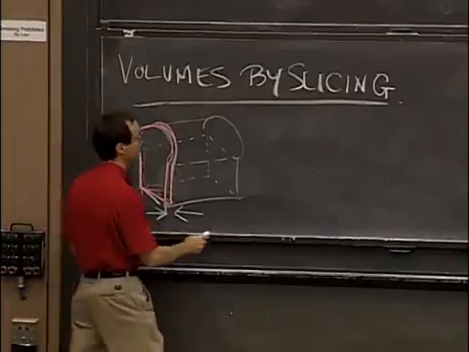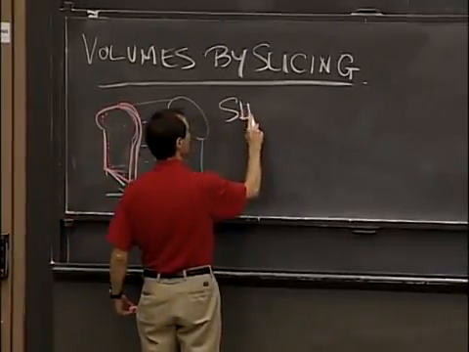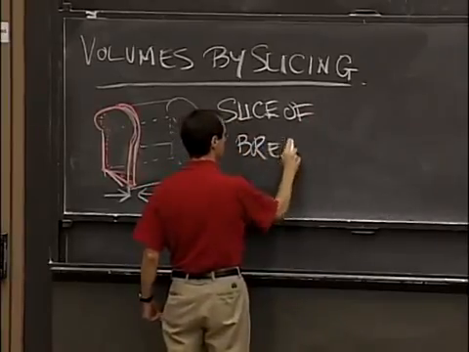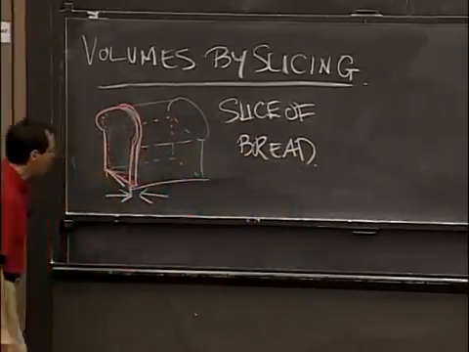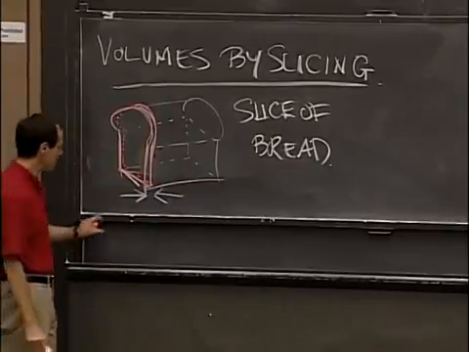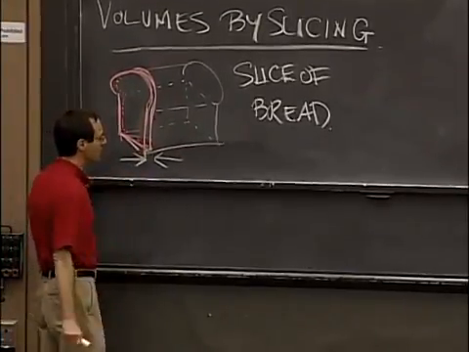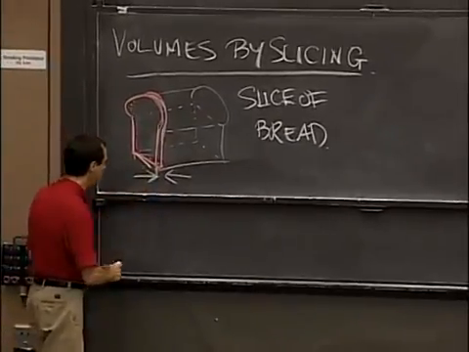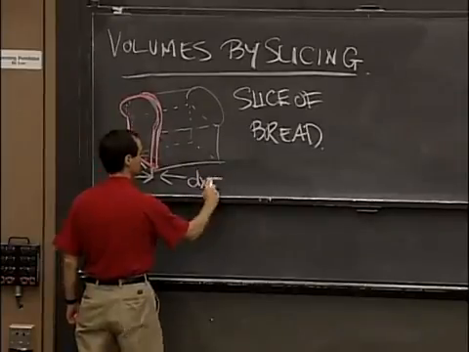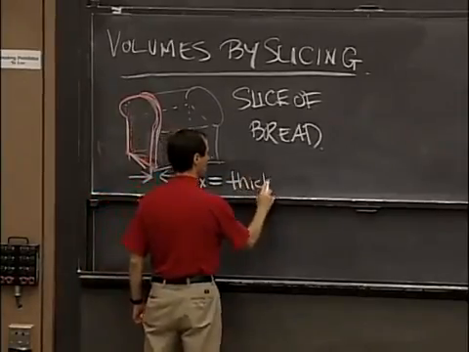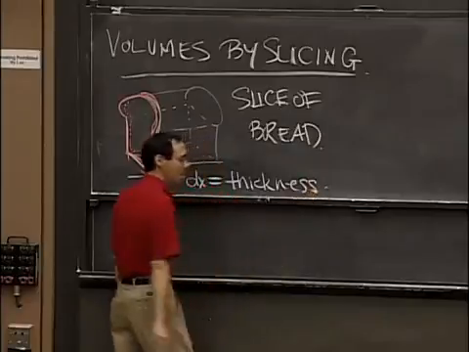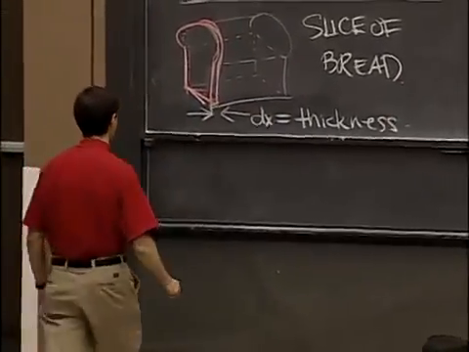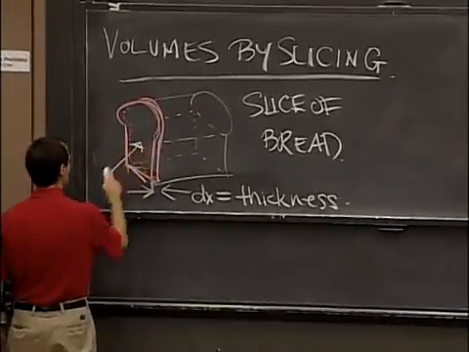And what I'd like to figure out is its volume. So first of all, there's the thickness of the bread, which is this dimension. The thickness is this dimension dx here. And the only other dimension that I'm going to give, because this is a very qualitative analysis for now, is what I'll call the area.